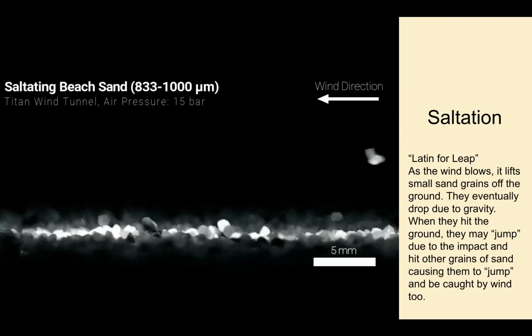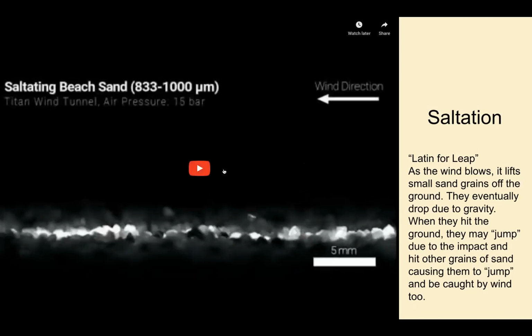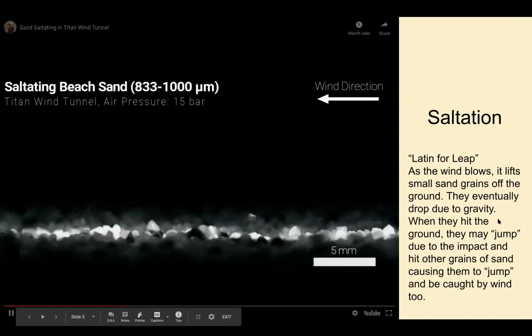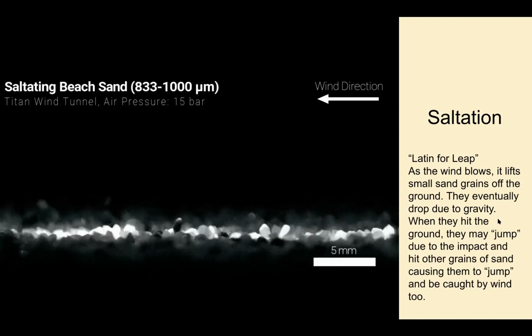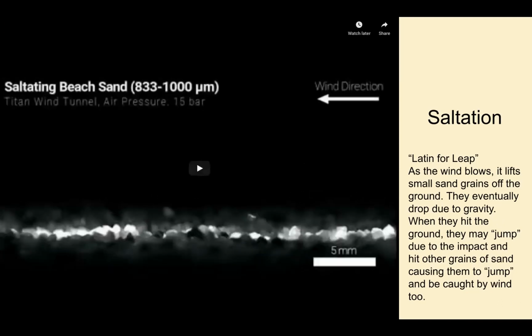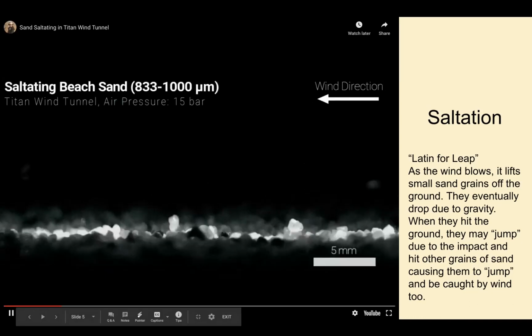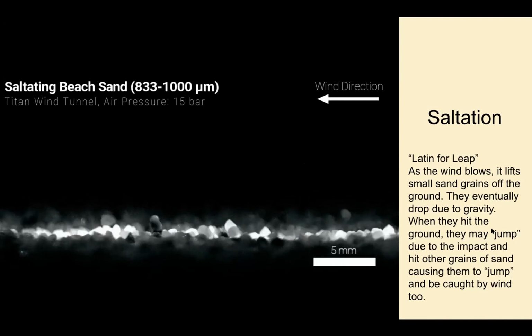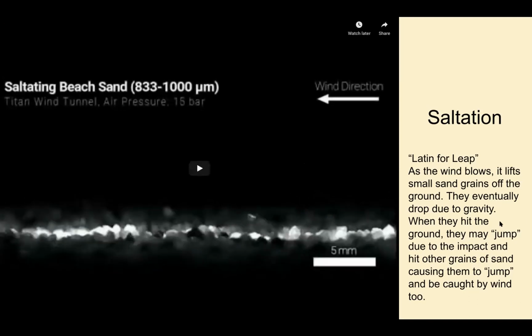So as the wind is blowing, it's lifting those small sand grains off the ground, and they're eventually dropping due to gravity. When they hit the ground, they may jump due to the impact, and they might hit other grains of sand as well, causing those other grains of sand to also jump up and be caught by the wind. So it's rather interesting how the wind and the sand particles are able to move around like that.